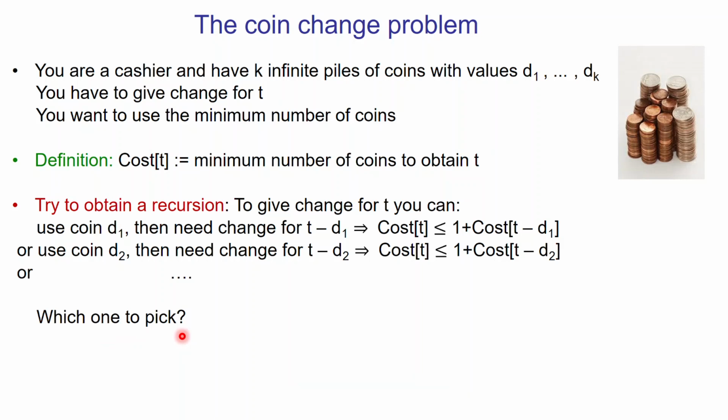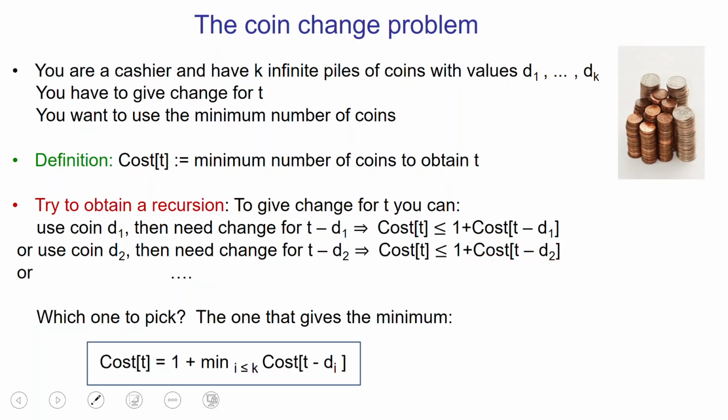Well, we pick the one that gives you the best solution. We pick the one for which the cost that remains is as low as possible. This gives this type of relation: the cost of t is equal to 1 plus the minimum over i at most k of the cost of t minus Di.